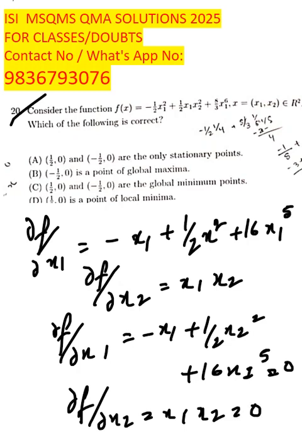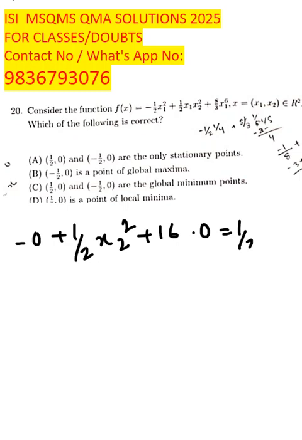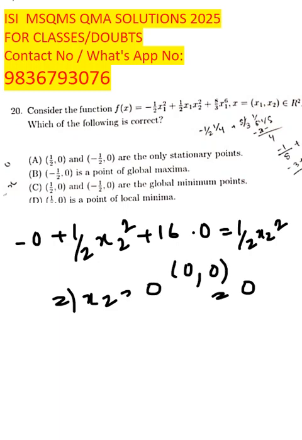So here x1 is 0 or x2 is 0. First we will put one and then find out. Case 1, x1 equal to 0: minus 0 plus 1/2 x2² is equal to 0, so x2 is equal to 0, stationary point at 0 comma 0.